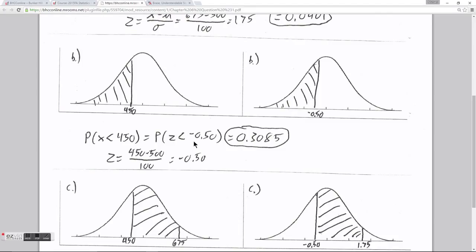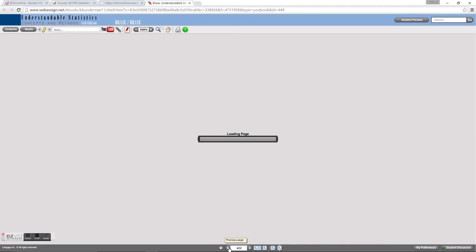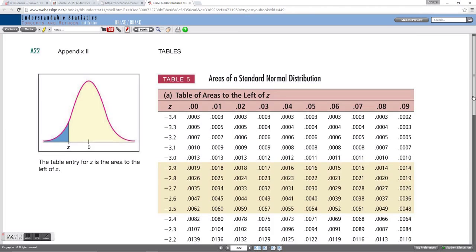It's a little bit easier to find this area because my table lists areas to the left of z values. So I can just go to my table, look up this z value, and the area will be right on the table, and that's going to be my answer. Heading back to my normal table, I want to go to the page that has negative z values down the left side. I'm looking up negative 0.50.